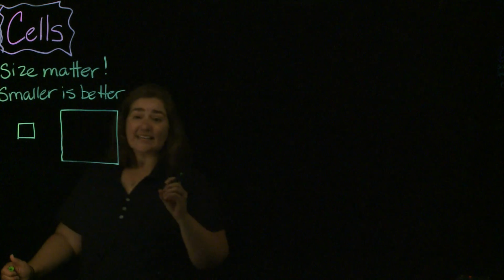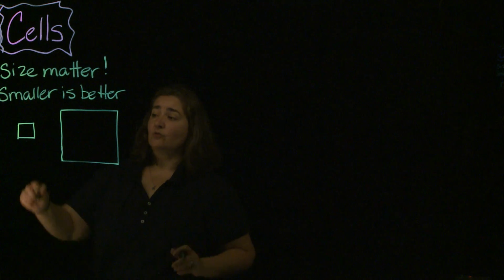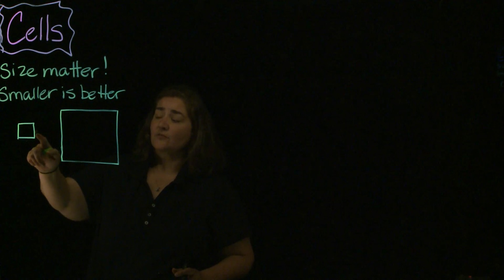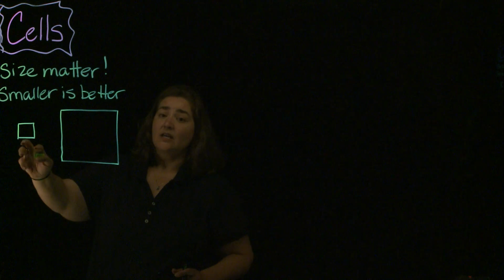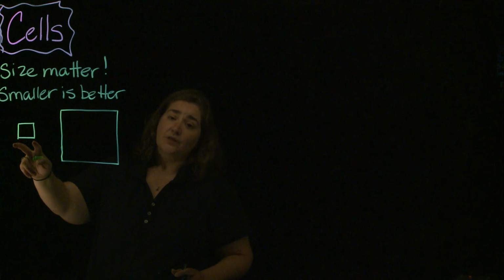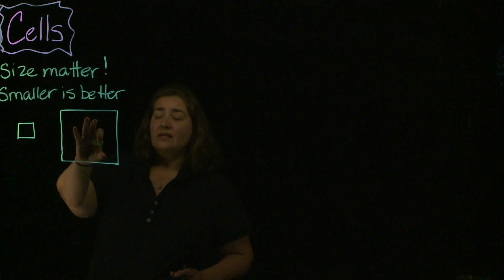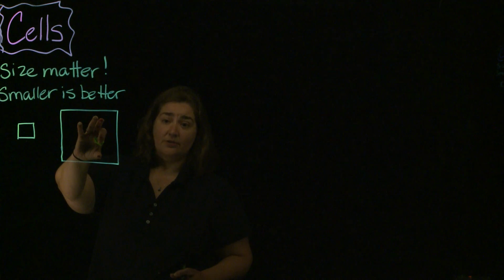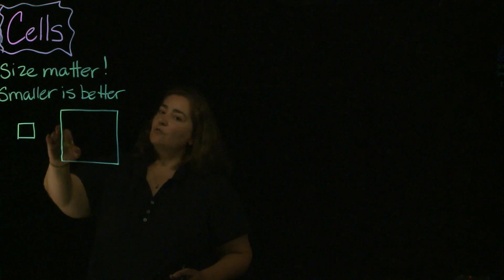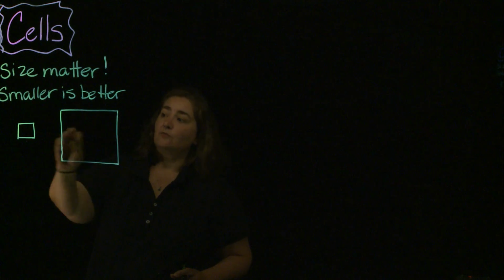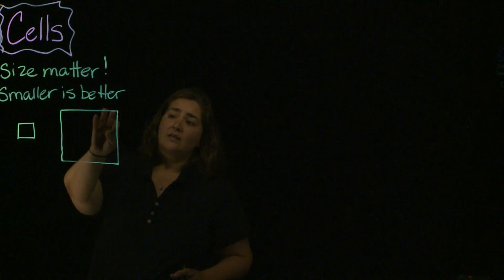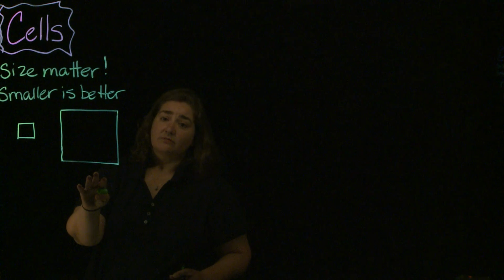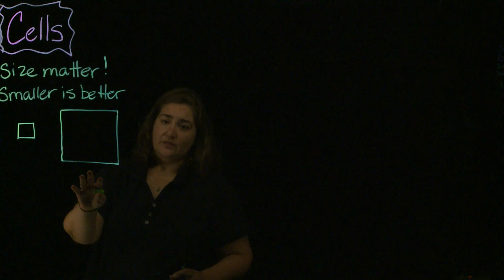But what's key here is the ratio between the volume of what's inside the cell and the surface area. The small cell is going to be more efficient for the exchange of materials than our larger cell, because we have a larger interior volume, but we don't have a subsequent increase in the surface area relative to the smaller cell. So we've got a different ratio of volume to surface area.